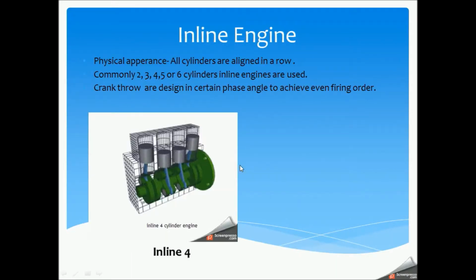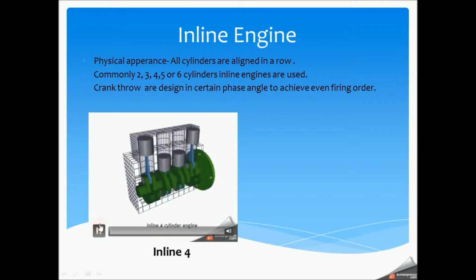So inline engines, from the appearance itself, the cylinder is arranged in a row in an axial direction. The commonly used cylinder numbers are 2, 3, 4, 5 or 6. Besides that, from this animation of the inline engines, this part is the crankshaft of cylinder 1, and this is the crankshaft of cylinder 2.